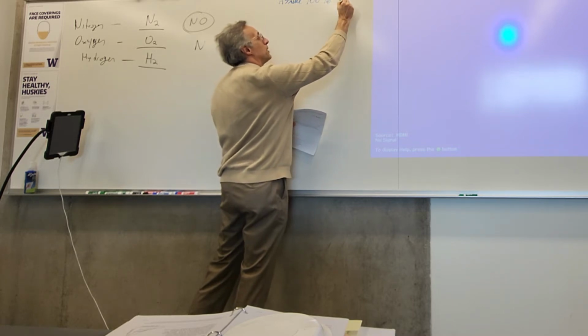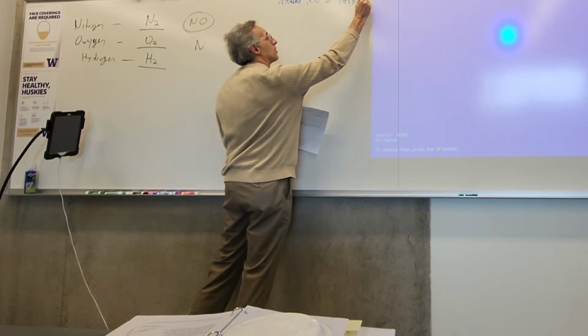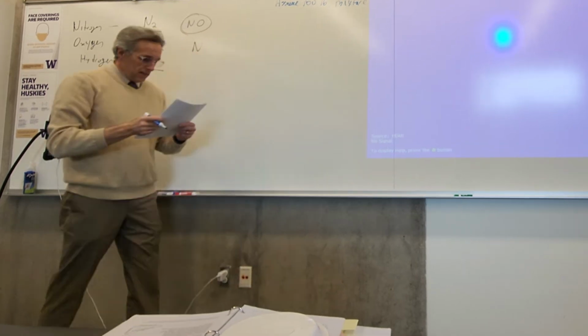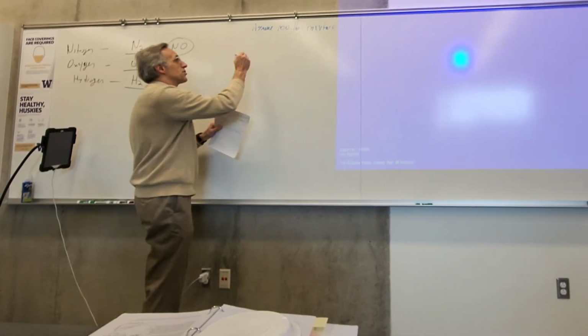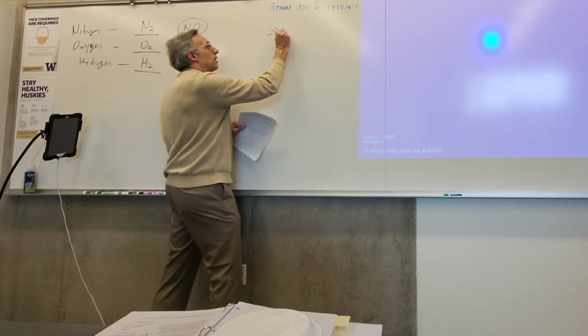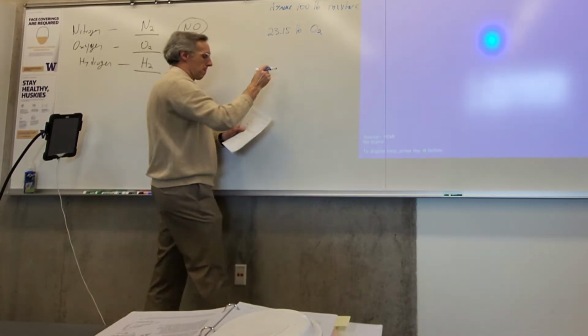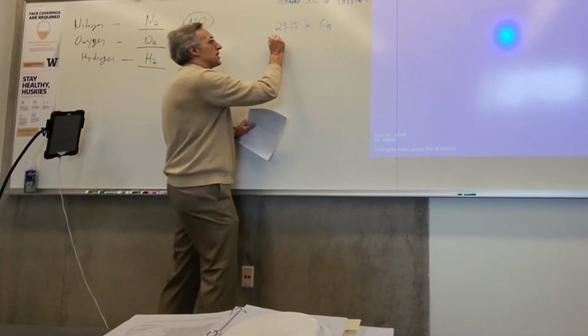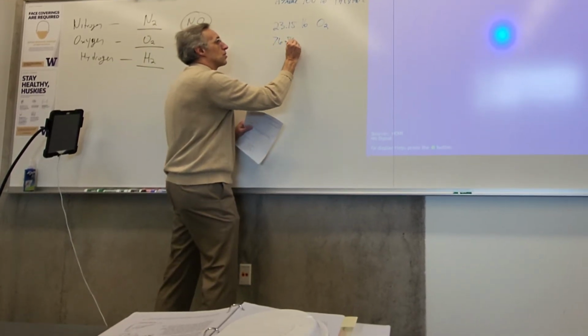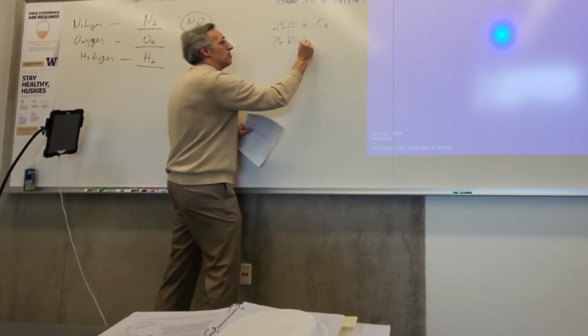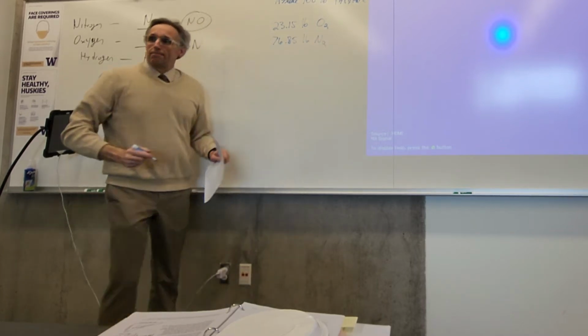Assume 100 pounds of mixture. Then our mixture can consist of 23.15 pounds of oxygen and 76.85 pounds of nitrogen.